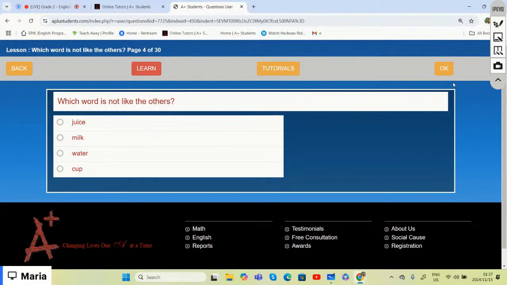So juice, milk, water, cup. Which word is not like the others? Which one is the odd one out there that's not like the others?